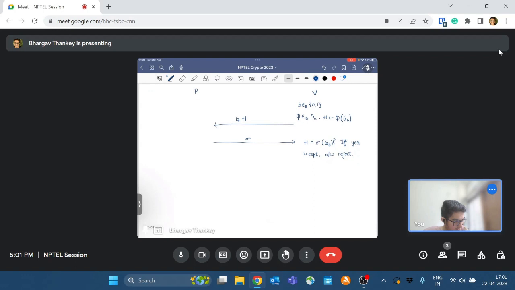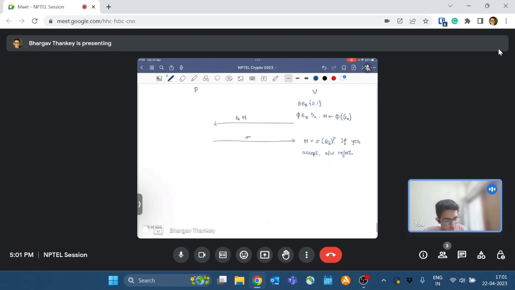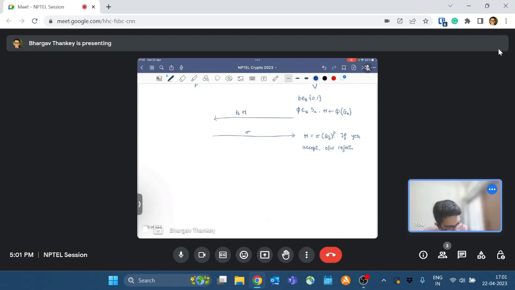Okay. So let's see if this is the protocol. Now let's see if this is zero knowledge or not. Okay. So now we have that H, then, rather, okay, let me write like this.